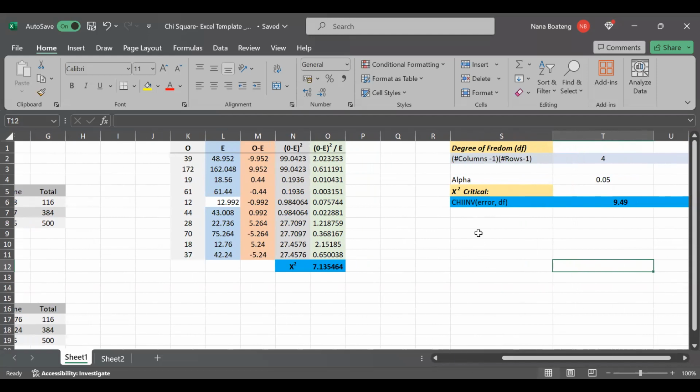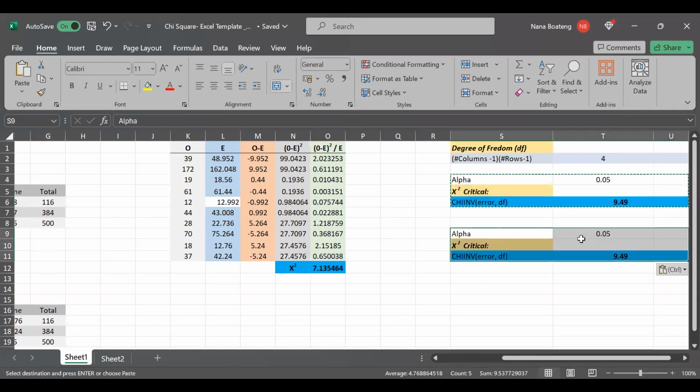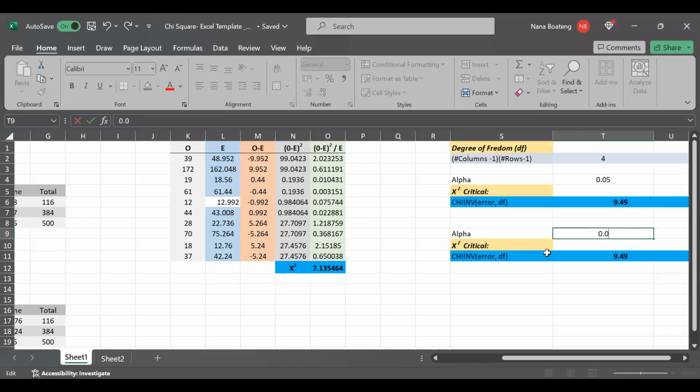Let's do an alpha rate of 1% and see what happens. Here too, you still fail to reject.